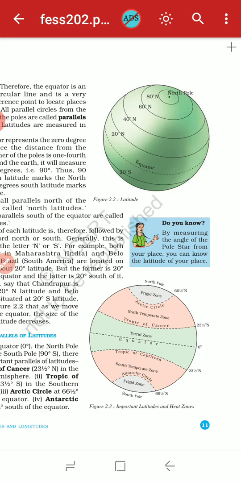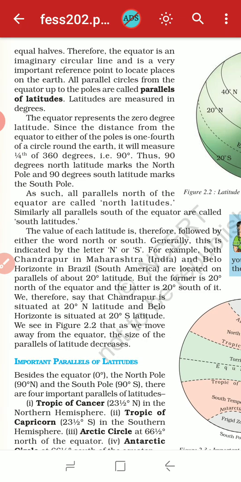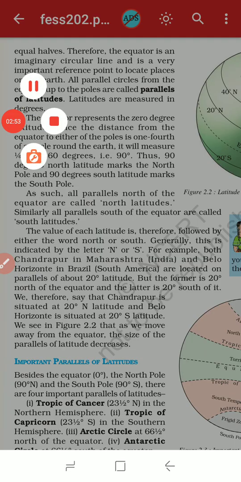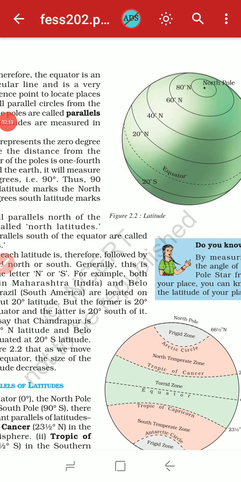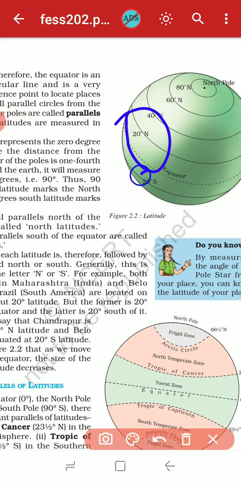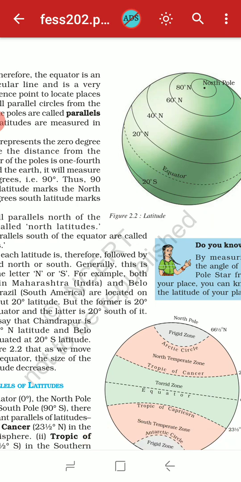Let's take an example: Chandrapur in Maharashtra and Belo Horizonte in Brazil. We have taken two examples on the same latitude, which is 20 degrees, one 20 degrees north and one 20 degrees south.